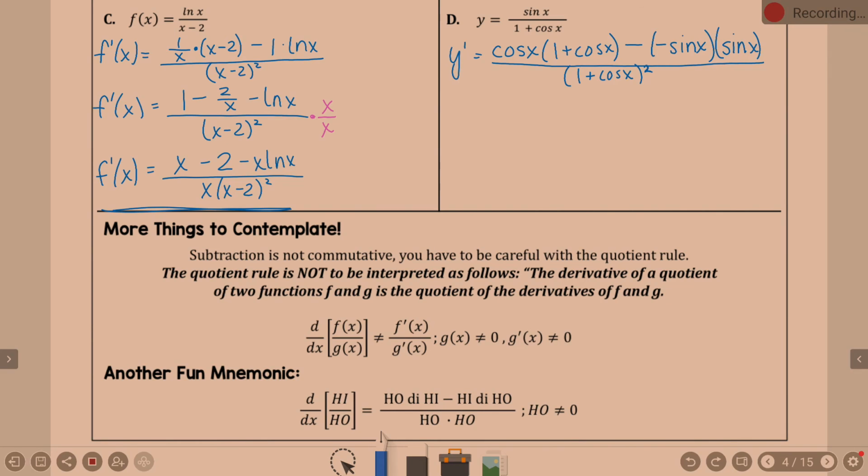Okay, I do want to clean this up because if I recall, there's a good cleanup we can do here. There's actually several cleanups, and this is something you'll want to start watching for as we dig deeper into these. So let's go ahead and multiply that top out. Cosine x times 1, cosine x, plus cosine x times cosine x, cosine squared x, minus negative sine x times sine x is going to become what?